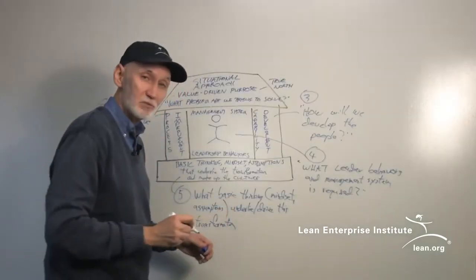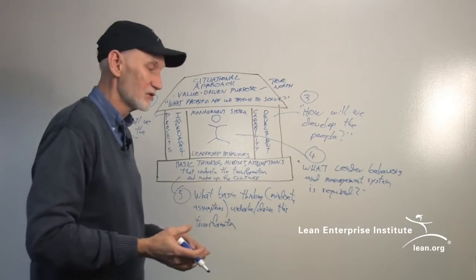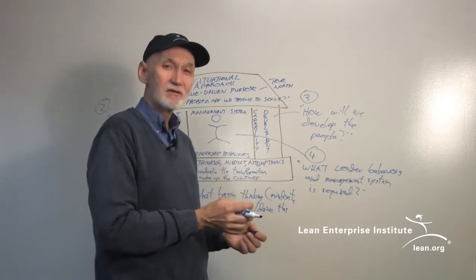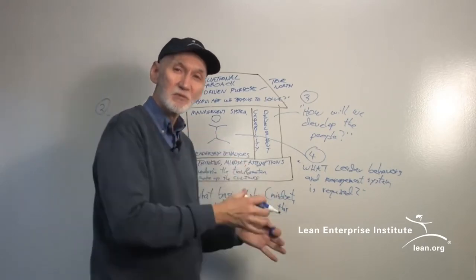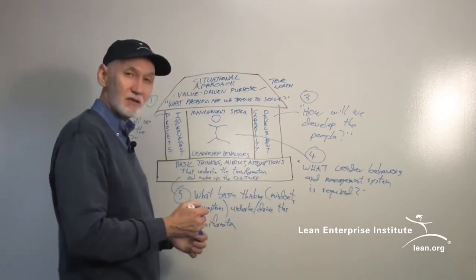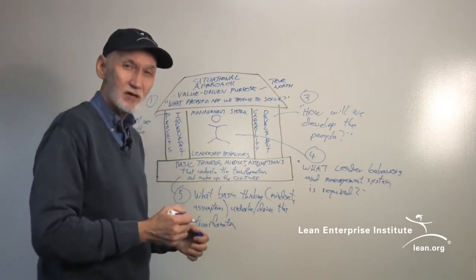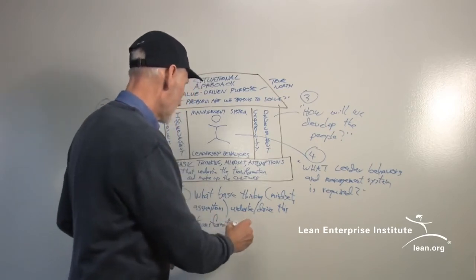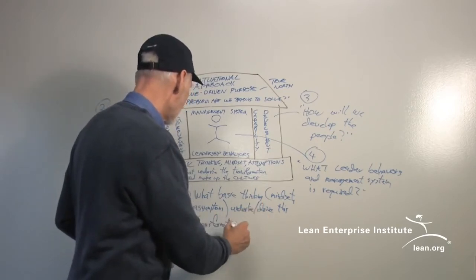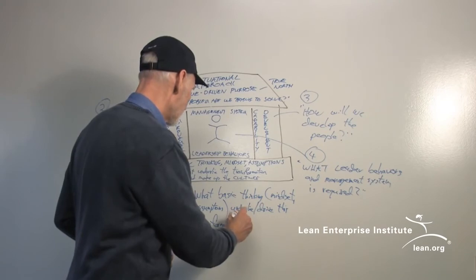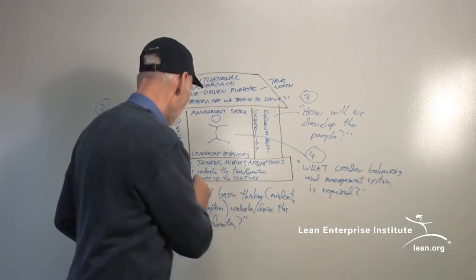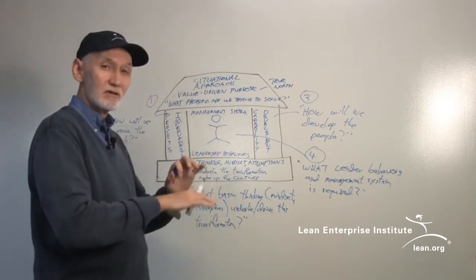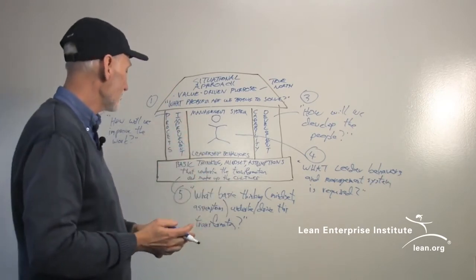For example, is it mainly an implementation mindset that I'm going to go do some benchmarking and find best practices and come back and implement those? Or is it a mindset that's based more on science and experimentation? What basic thinking underlies and drives this transformation and makes up the culture that ultimately we must also change.